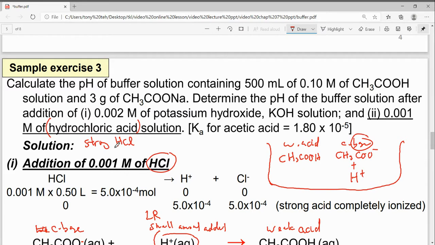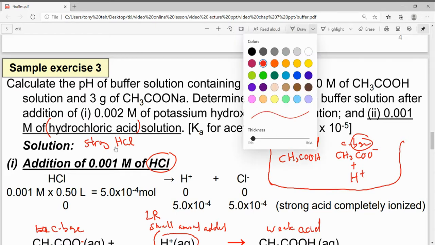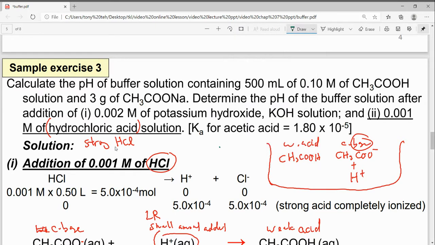Just remember, if this is an acidic buffer solution, then we will have weak acid and conjugate base. If you add strong acid, it will react with conjugate base. If you add strong base, it will react with weak acid.